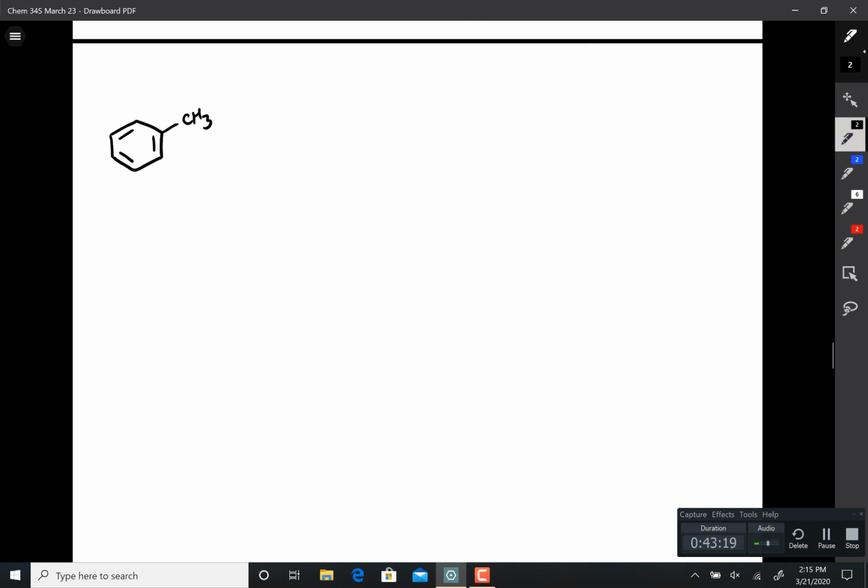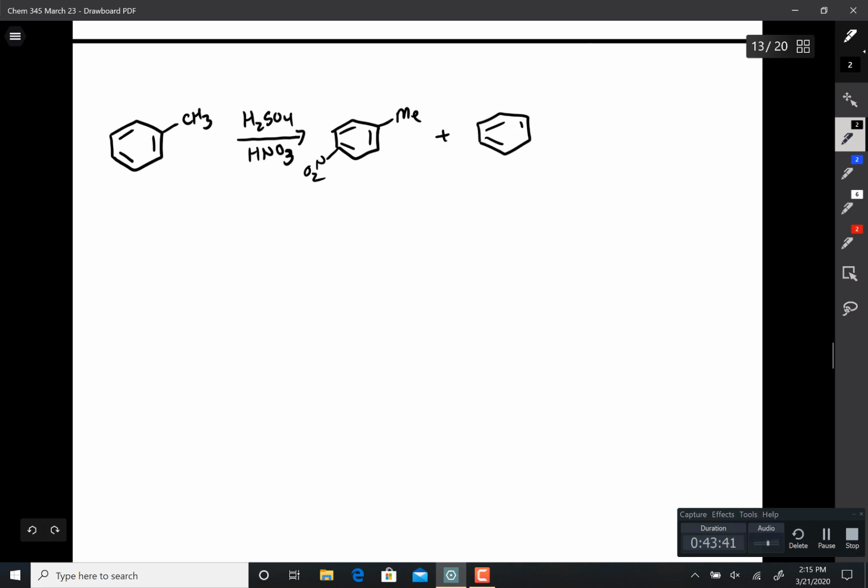If we nitrate methylbenzene using our standard conditions, we can install a nitro group on there, the methyl group being an ortho-para director. A mixture of the two. I'm okay with you saying that the major one is the para.